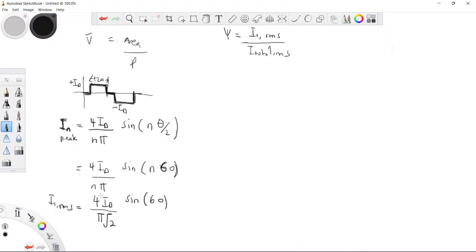Sine 60 is root 3 over 2. So when you calculate this whole thing, you get 4ID over pi root 2 times sine 60.